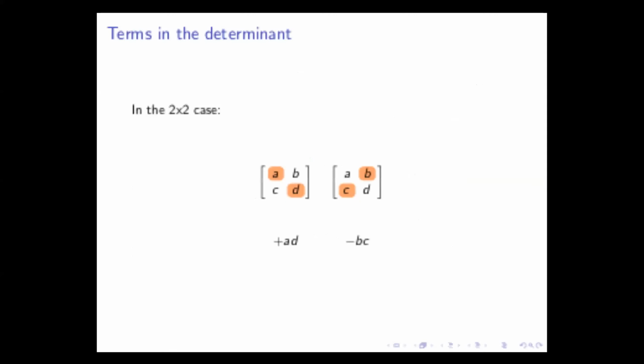Okay, so here is another visualization of how this works. In two dimensions, in the 2 by 2 case, it's AD minus BC. So again, it's the diagonal, and then sometimes this is called the anti-diagonal. And this is the diagonal.